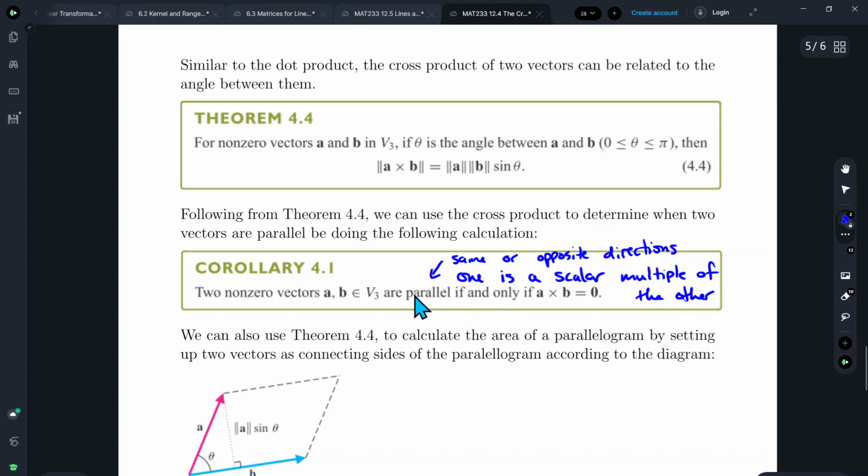So that's how you typically want to think of parallel vectors.